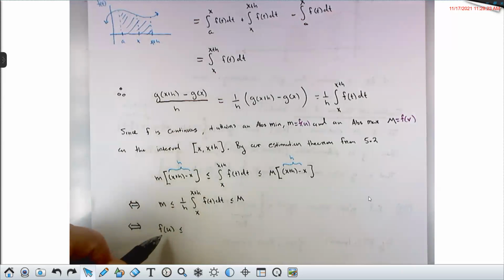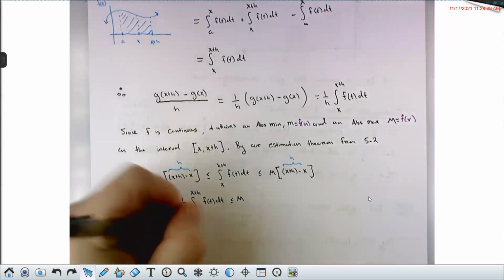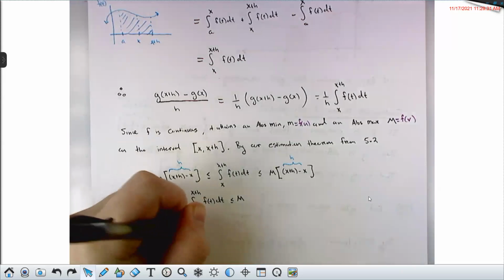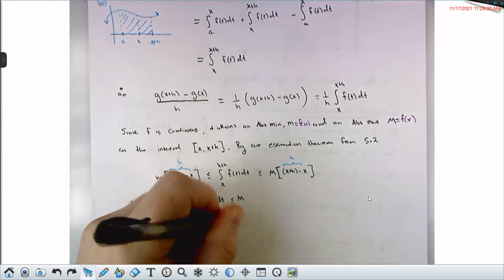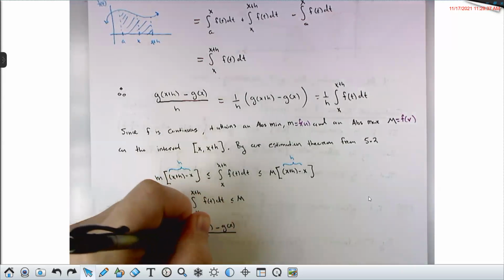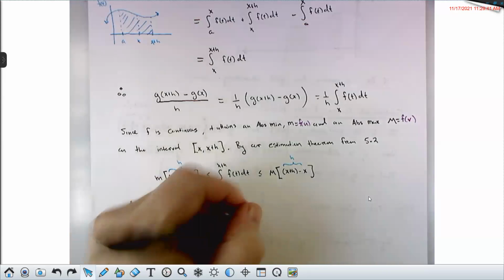Little m is f of u. This thing in the middle is my difference quotient, so I'll go ahead and write it as that, g of x plus h minus g of x all over h. And big M is f of v.